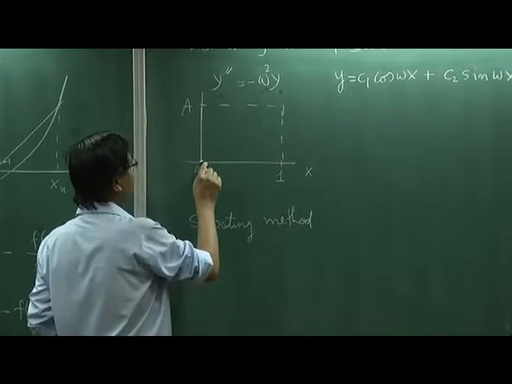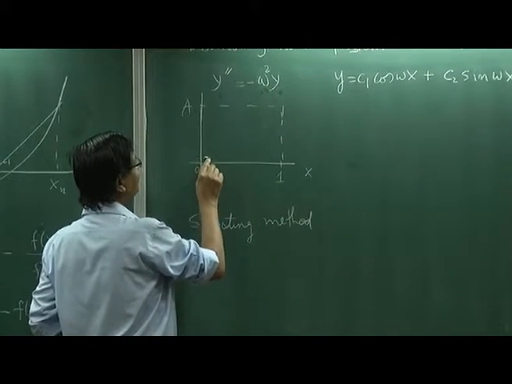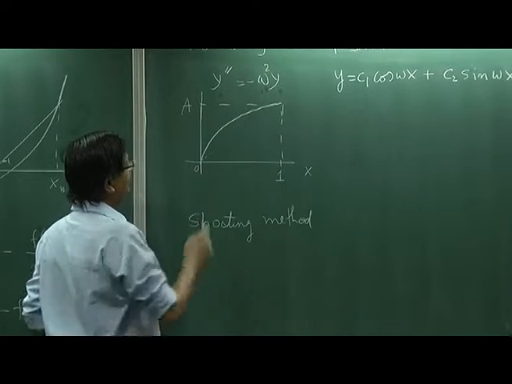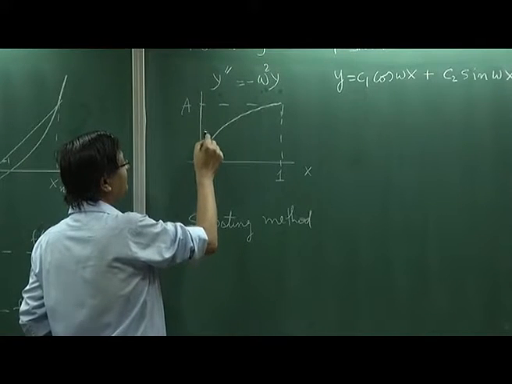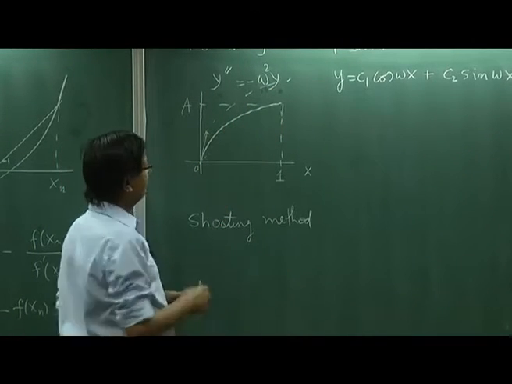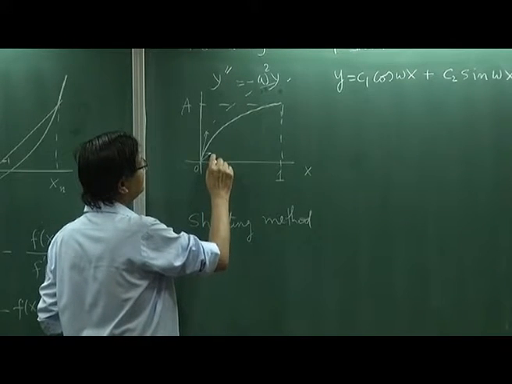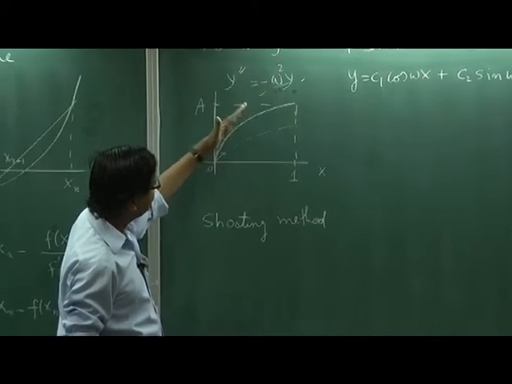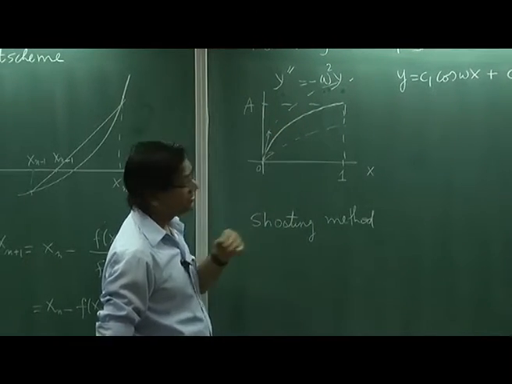Let us say this is my exact value. If I start with a higher slope, then I will overshoot. If I start with a lower slope, then I will undershoot. So I have to reach here with the right slope.